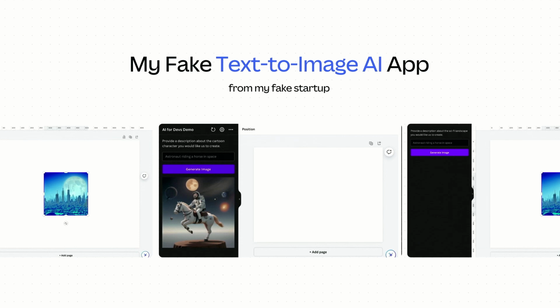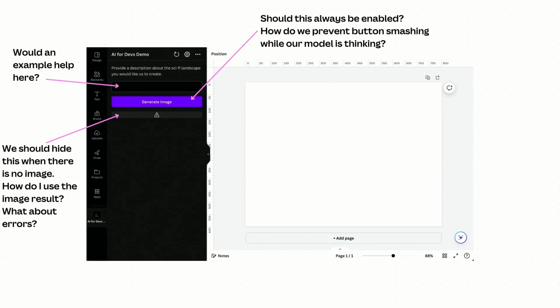So a couple of things that we're going to think about when we're looking at our app right off the bat: we have a text input field. Do we want to give users some indications or some examples of what they could put there? We have a button. How do we prevent button smashing? That's just going to ram up your CPU usage, and you don't want that. You don't want to be running multiple instances of the same prompt on your models.